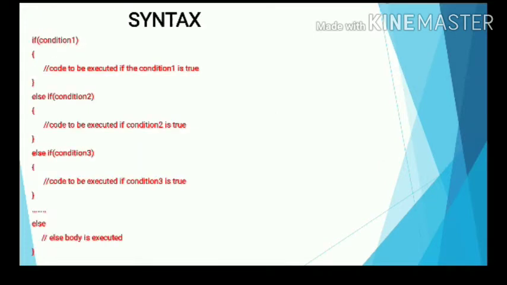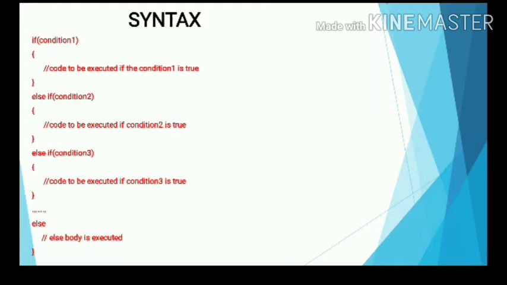So see the syntax: if condition 1. If condition 1 is true, then the true block statement will be executed. Suppose the condition is false, then it comes to the else block. In the else, again it checks condition 2. If condition 2 is true, then the condition 2 block will be executed.